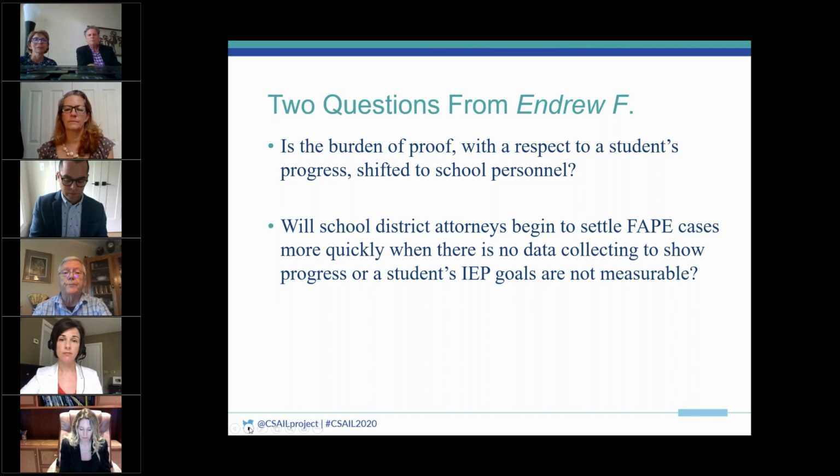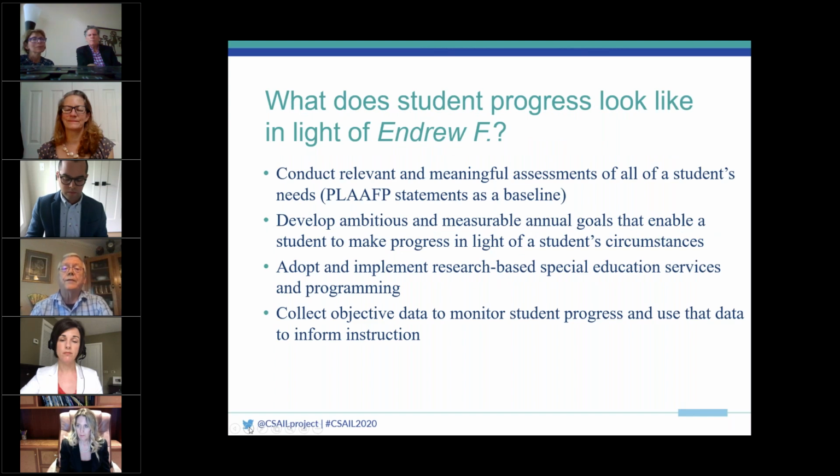So what does student progress look like in light of Andrew F.? Well, first, we have to conduct relevant and meaningful assessments of all of a student's needs. Those needs must be included in the present levels of academic achievement and functional performance statements, and those statements should serve as a baseline in monitoring student progress.